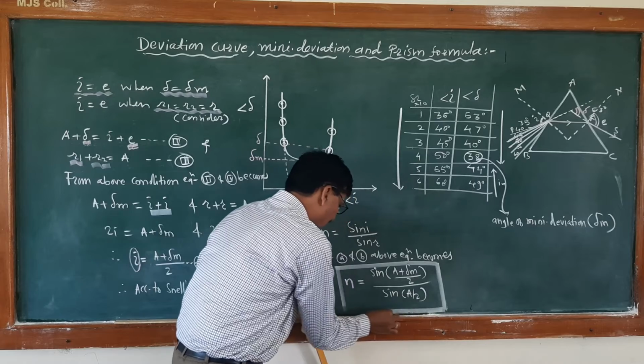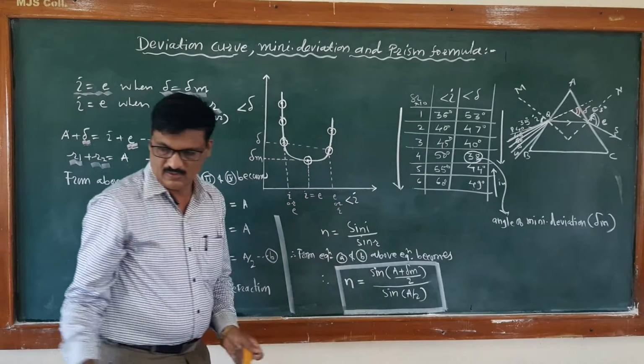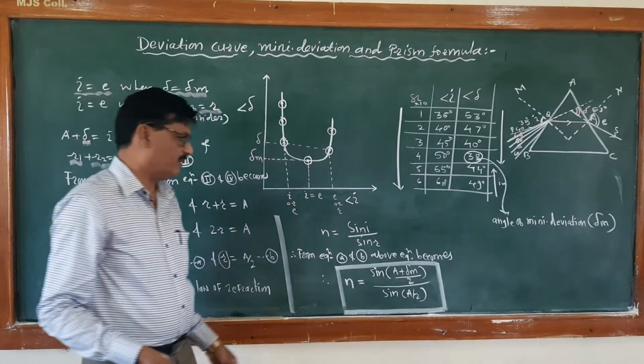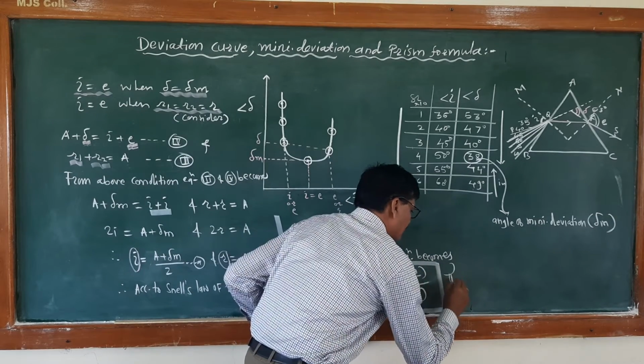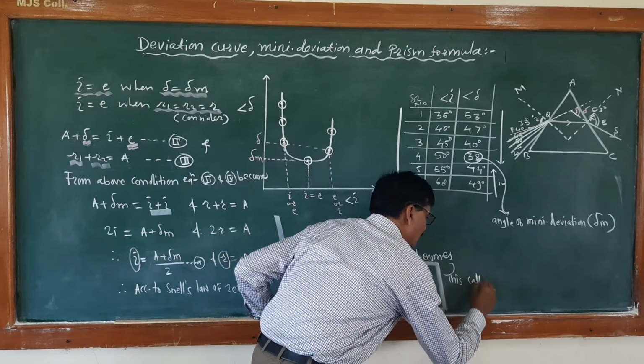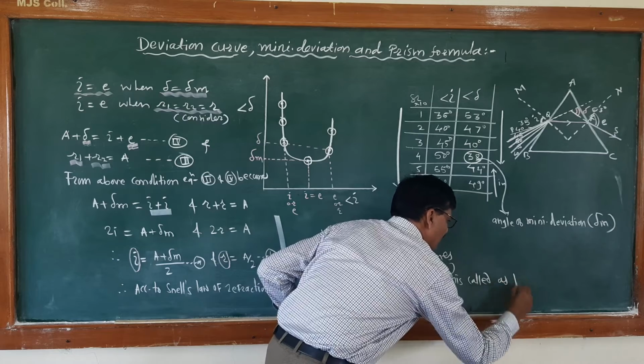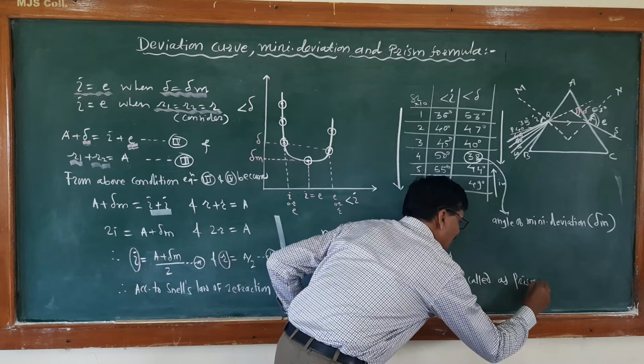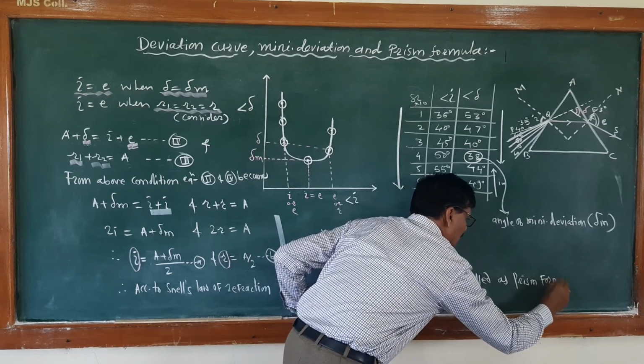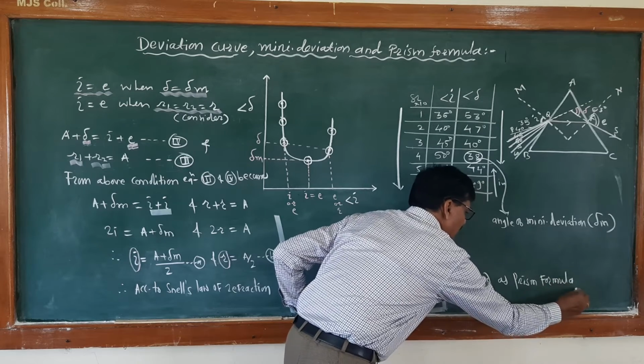And using this formula, we can calculate the refractive index of the material of a prism. This is called the prism formula.